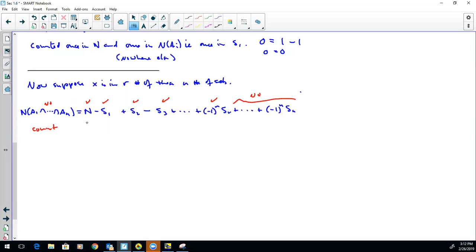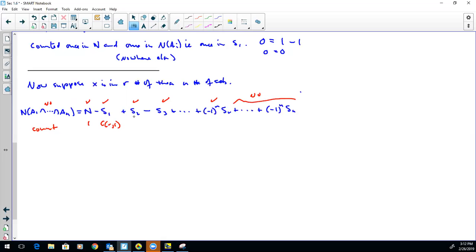Okay, X is counted, oh yeah, there's one set here. How many sets are there for S1? Well, it's in R number of sets. So here, it's in R number of these. Okay.